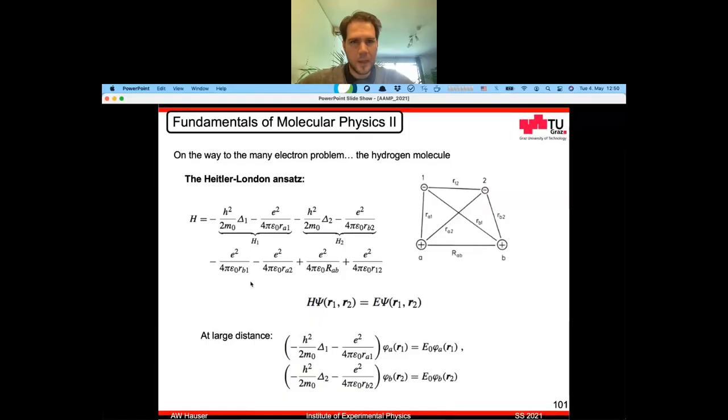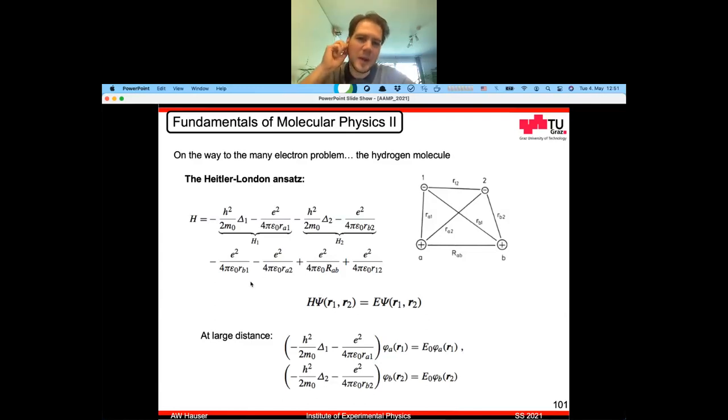Okay. Now, next step, a little bit more complicated. We look at the many electron problem, with many meaning, at least now, 2 for this first extension. We look at the neutral hydrogen molecule. So on the right-hand side, you can see the sketch with the distances and our nomenclature.